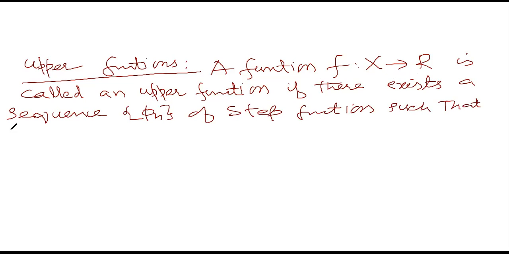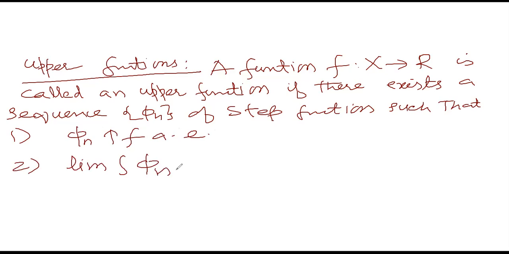The first property is that phi n increases to f. That means phi n is an increasing sequence and its limit is f almost everywhere. And the second property is that the limit of the integral of phi n is finite. Okay, so these are the properties of the upper function.